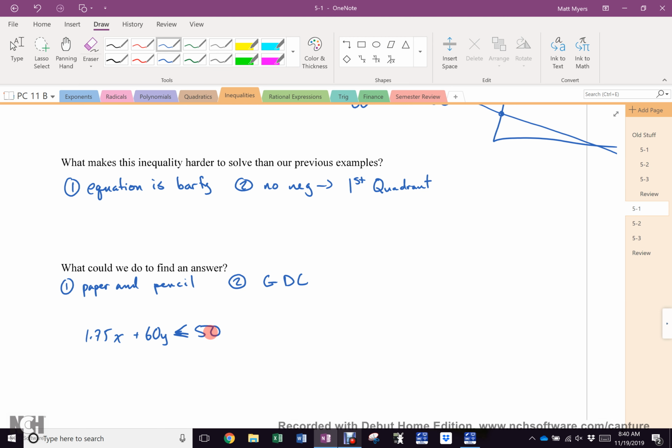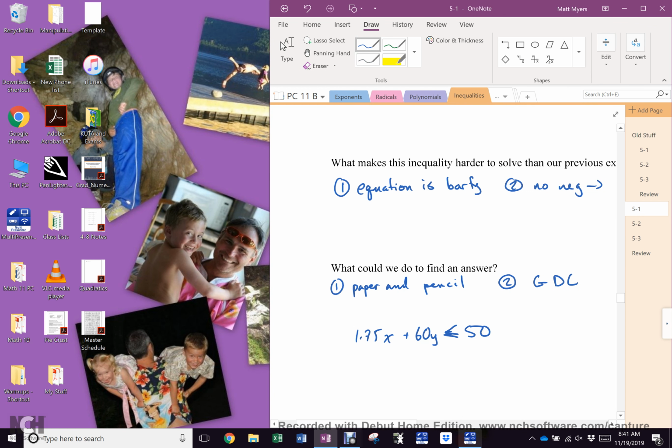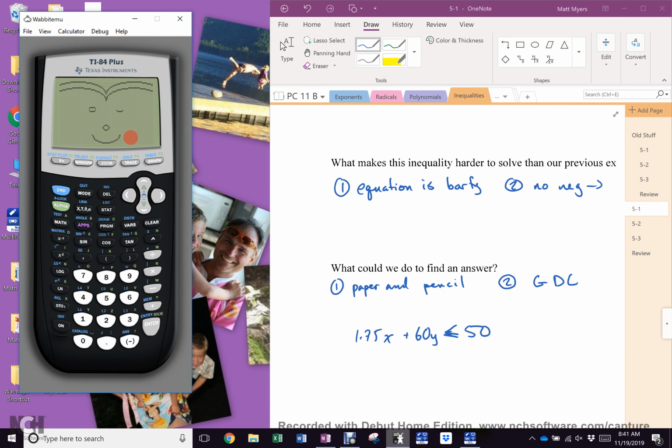Everybody understands that, yes? Okay, I'm going to split my screen for a moment because I want you to be able to see the notes and the calculator. Oh, had you guys seen that yet? No. Oh, you hadn't? Oh, watch.